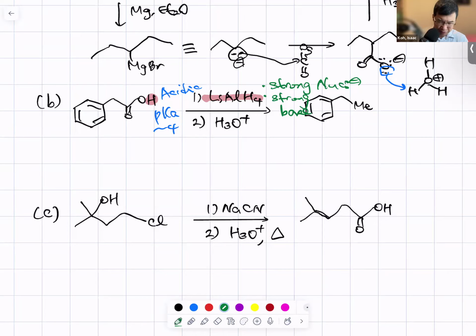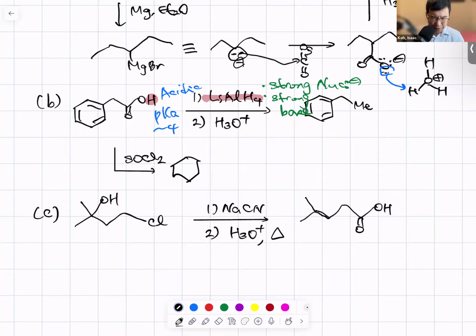We have to first convert this one into acid halide. So let's treat this one with thionyl chloride, and convert it into an acid halide.